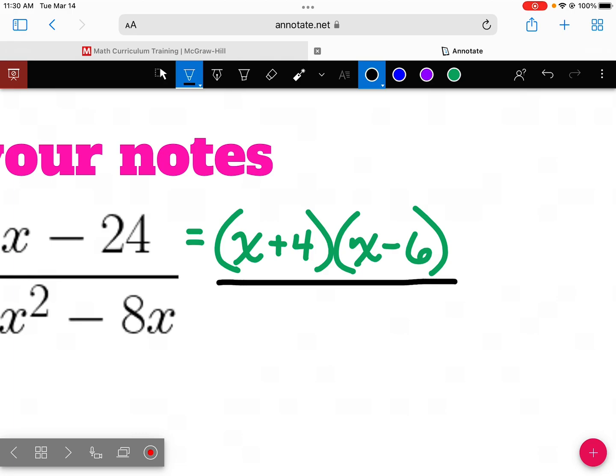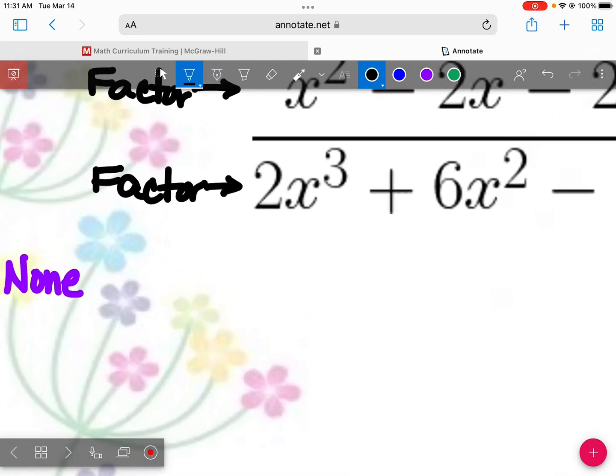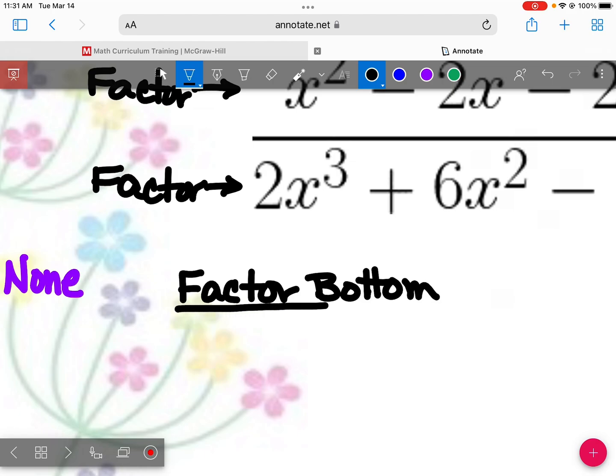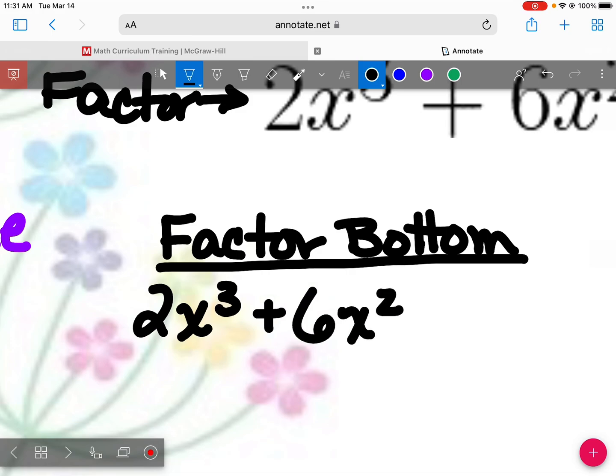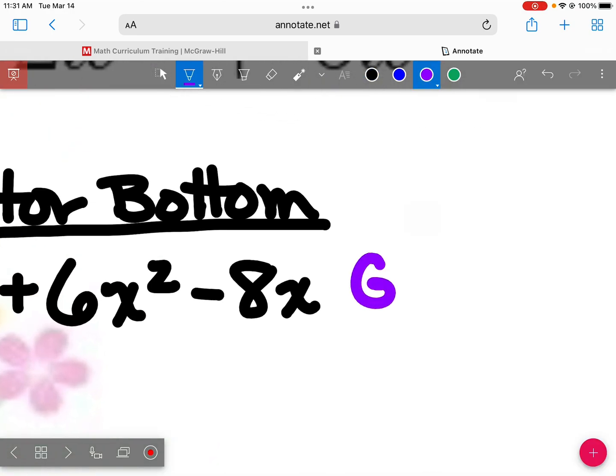Now we got to do the exact same thing for the denominator. So let's factor the bottom. My denominator, 2x cubed plus 6x squared minus 8x. Does that have a GCF? Yes. Be careful here.